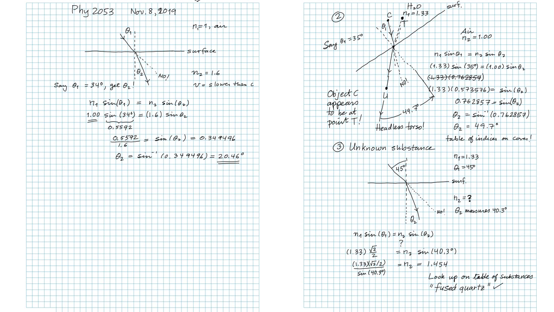Now, next one I want to do, so this is number 3. This is an unknown substance. So this is how you would figure out the index of refraction of something. So let's do a vertical or a horizontal surface this time. Oh, by the way, let me go back up here to number 2.